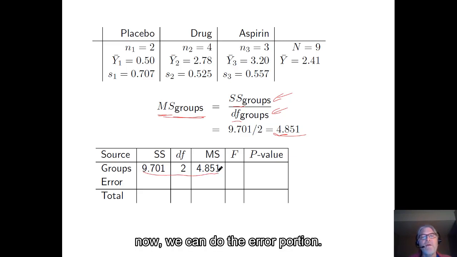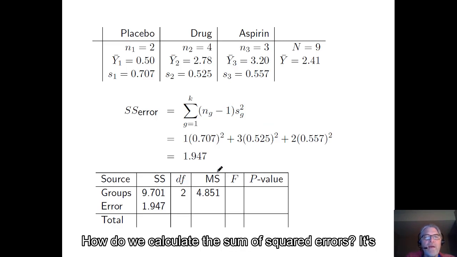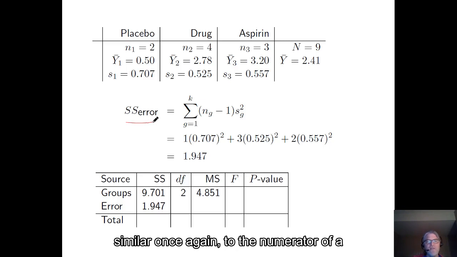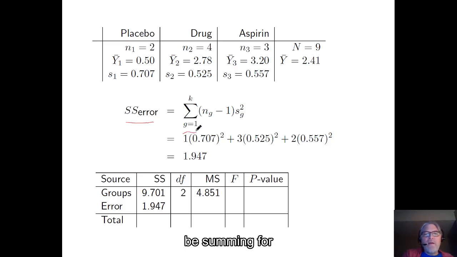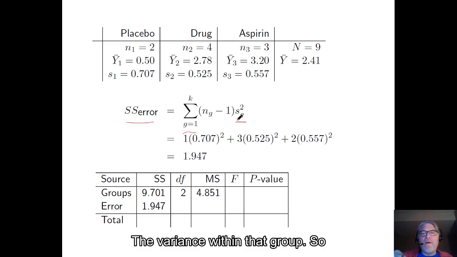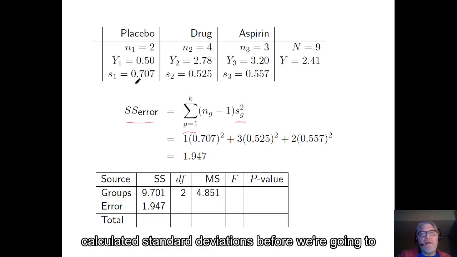Now we can do the error portion. How do we calculate the sum of squared errors? It's similar, once again, to the numerator of a variance calculation. We're going to be summing for all of the categories. We're summing up the variance within that group. So that is the standard deviation squared. We calculated standard deviations before. We're going to square those.